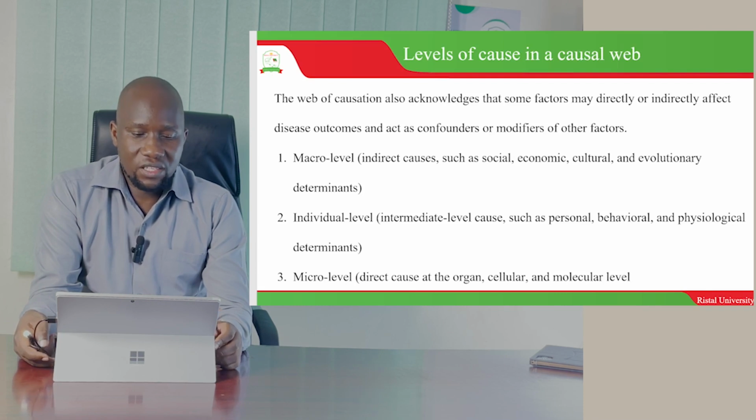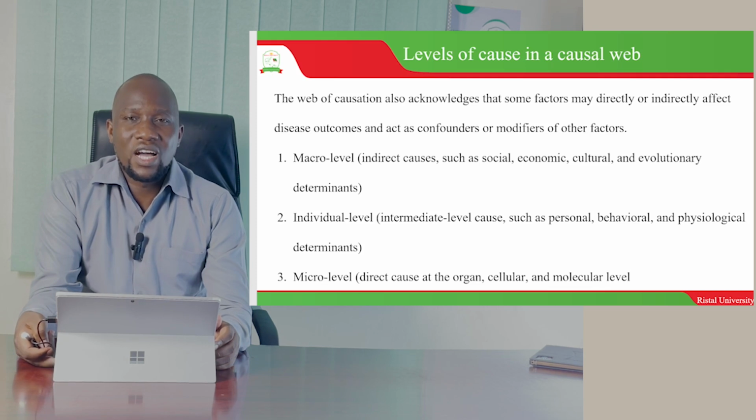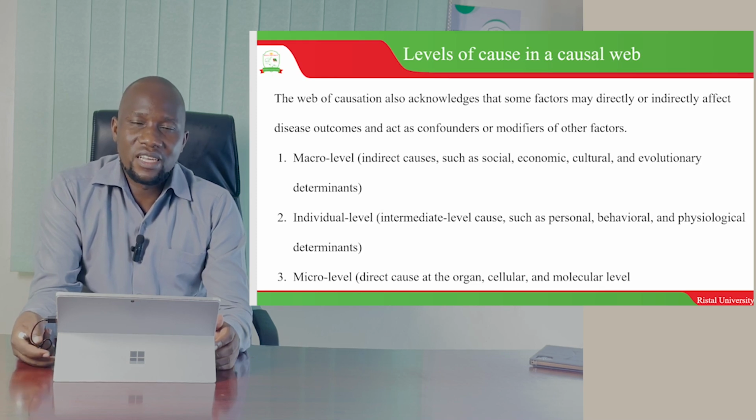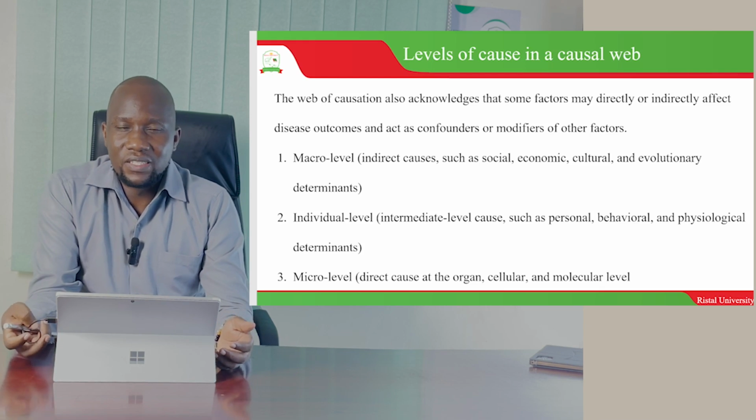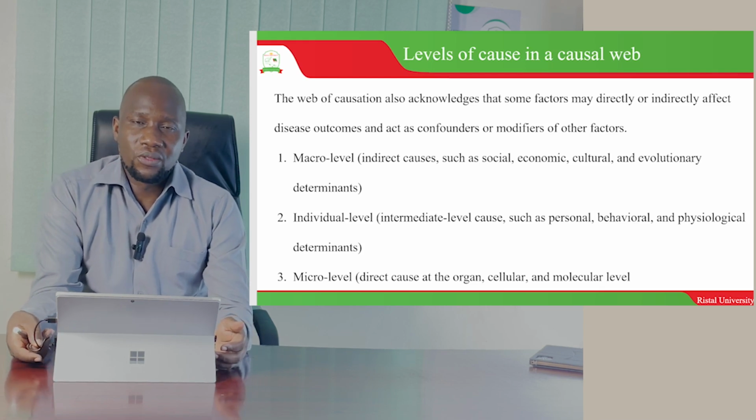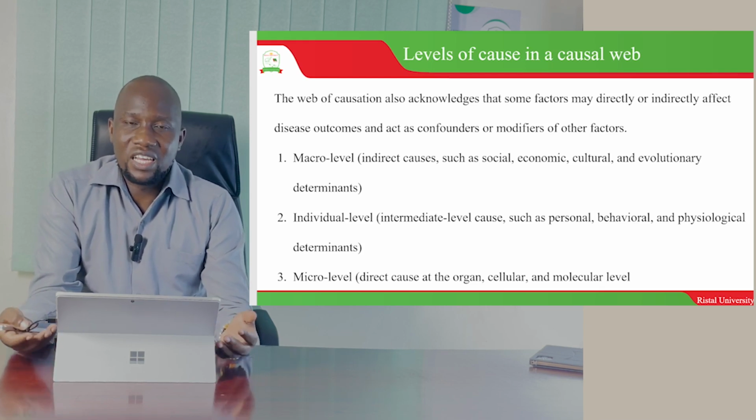So we can break these factors at 3 levels. What we call micro level. This is to look at what happens in the organs of the systems that are manifesting this disease. Okay, so what is happening there? What factors are at play?